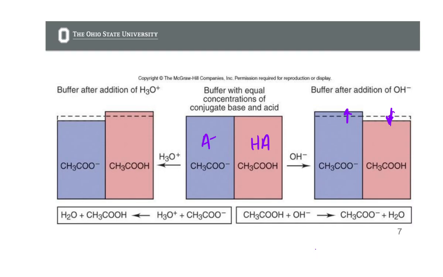The opposite happens when we add H3O plus. We see an increase in the HA concentration, a decrease in the conjugate base, and the reactions that are taking place are shown below. It's not showing that subsequent reaction to replace some of those initial substances.